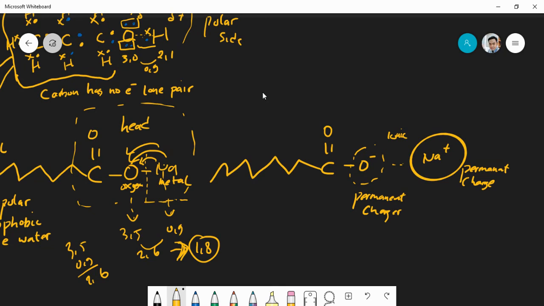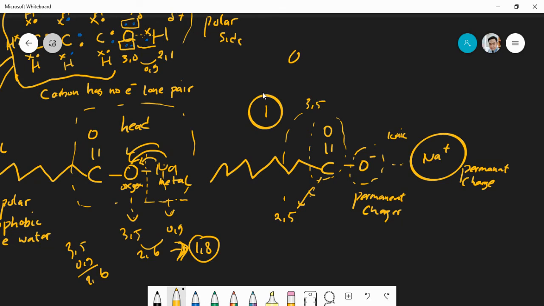But if you look at the second oxygen here, this is the structure of soap, by the way. Oxygen is 3.5 and carbon is 2.5, so the difference will be 1. 1 is considered polar.